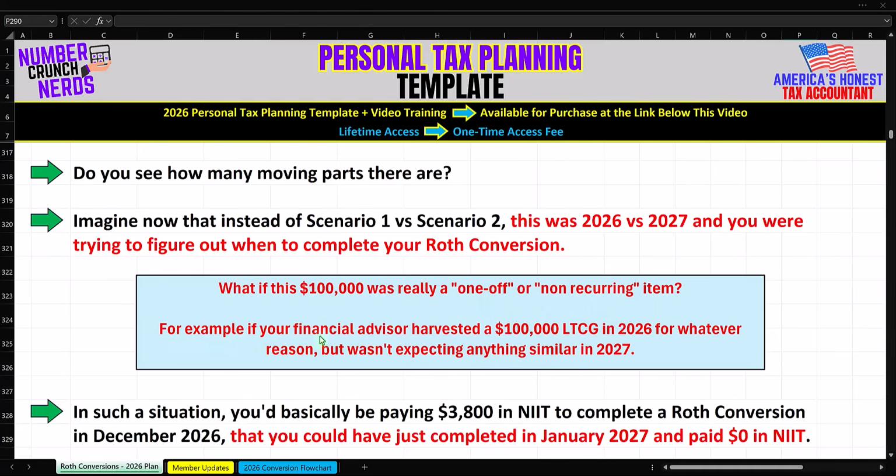For example, if your financial advisor harvested a $100,000 long-term capital gain in 2026 for whatever reason, but wasn't necessarily expecting anything similar to that in 2027, then in such a situation, you'd basically be paying an extra $3,800 in the form of net investment income tax to complete a Roth conversion in December of 2026 that you could have just completed in January of 2027 and paid $0 of net investment income tax in this fact pattern.